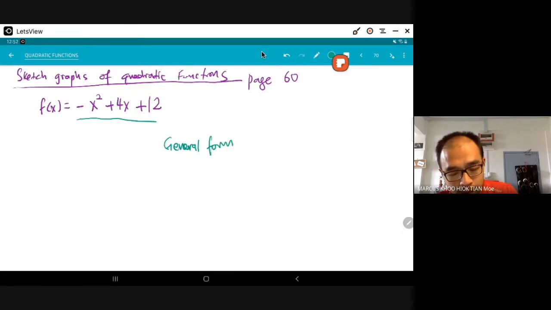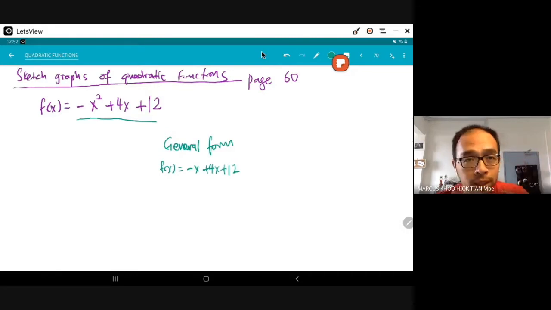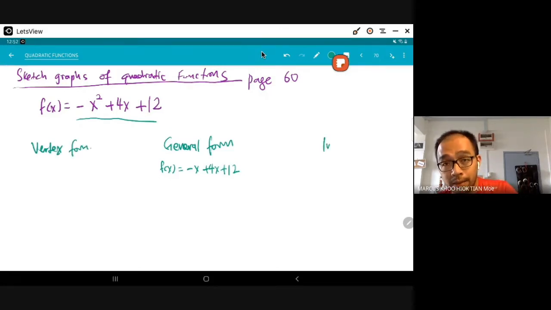General form means it is f(x) equals negative x squared plus 4x plus 12. Now the first thing you do, no matter what, when you're asked to sketch a graph, make sure that you have all three forms. I need to have this in vertex form, and I need to have this in intercept form. No choice.